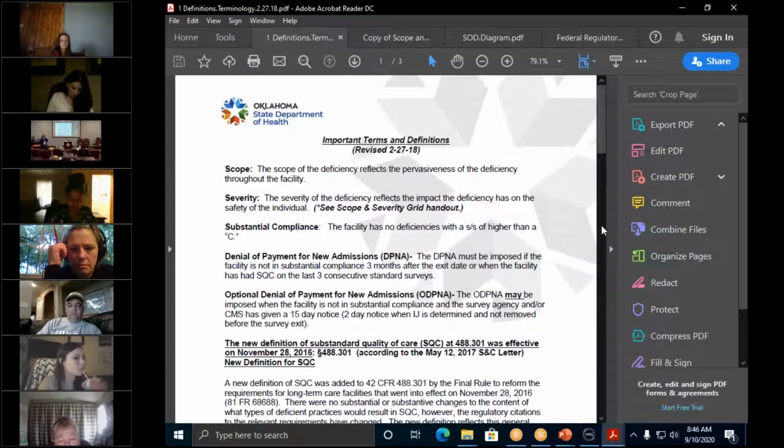In your enforcement letter that you receive, there will be a date that is identified as your denial of payment for new admissions. So does that mean that you're just not going to get paid for new admissions after that date? Does anybody know the answer to that?